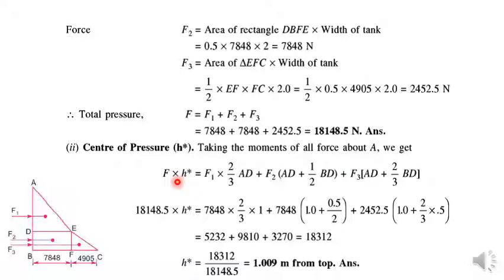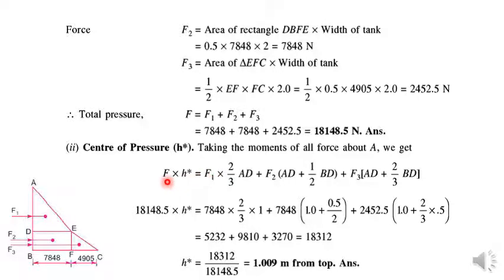So on one side of the equation we have the resultant, that is HP, the center of pressure, caused by the total pressure exerted on this tank due to both of the liquids, and on the other side you have the moments produced by the individual forces.